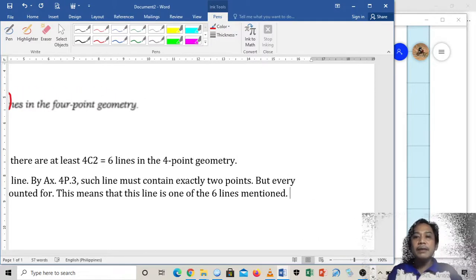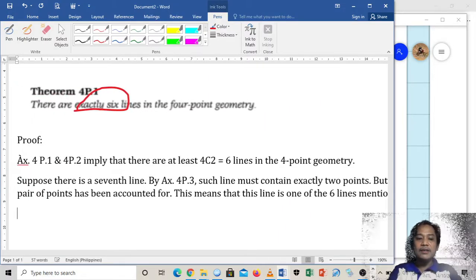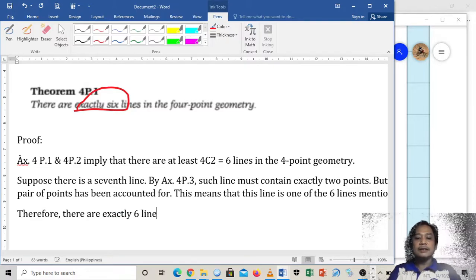Therefore, there can be no other line except the 6. Hence, we can say that there are exactly 6 lines in the 4-point geometry.